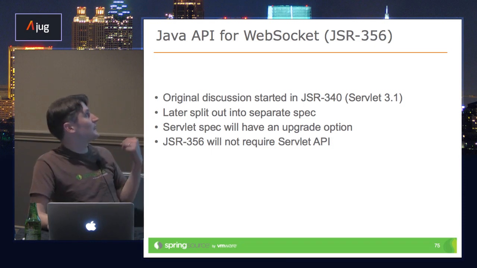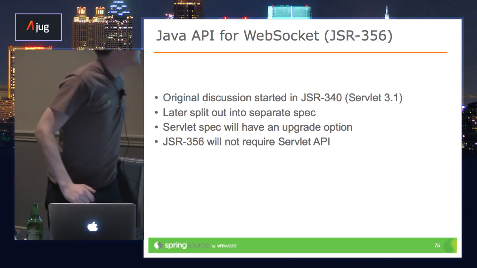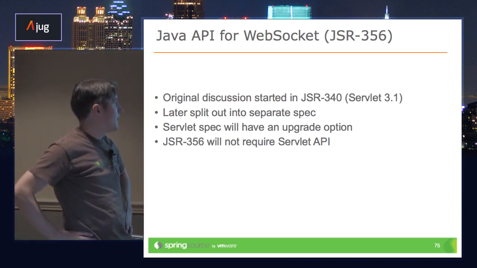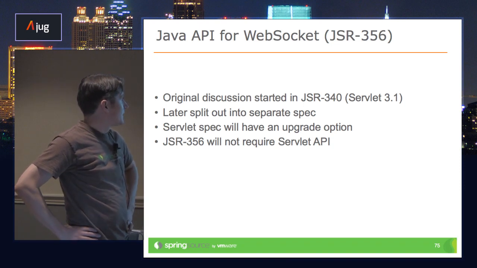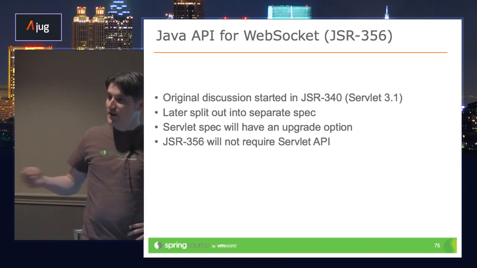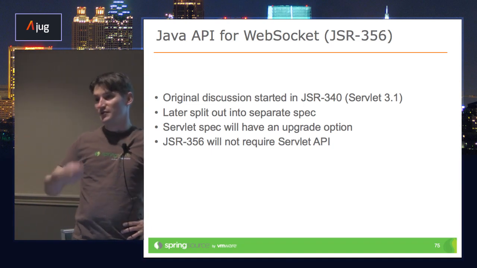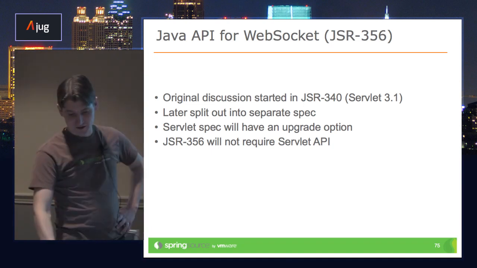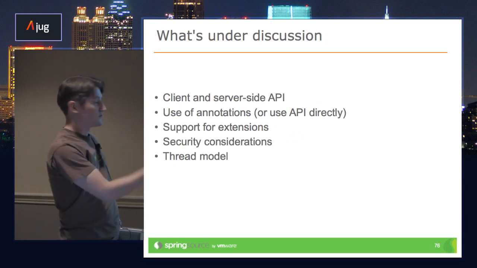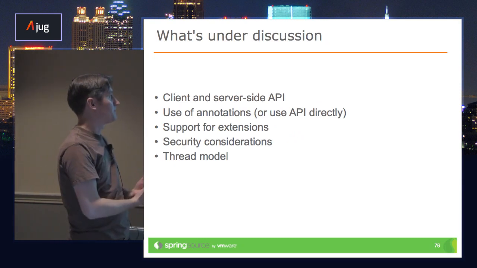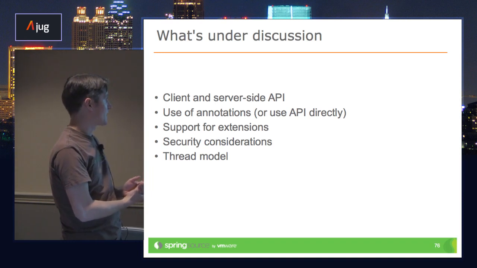So we have the Java API for WebSockets, JSR 356, still heavily in flux. It will not depend on the Servlet API, particularly since you can use it also as a client API. So it will provide client and server APIs. It will use annotations, but also allow for using the API directly.